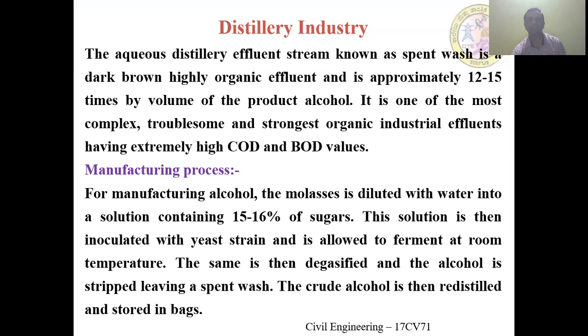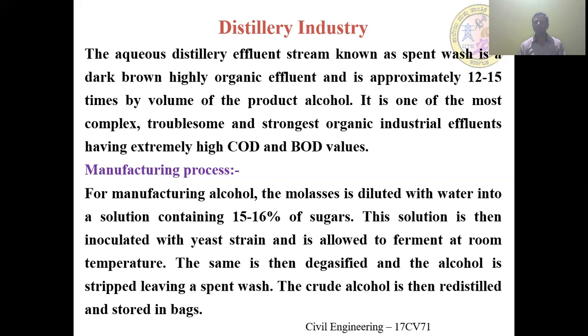It is dark brown in color, a highly organic effluent, and is approximately 12 to 15 times by volume of its product alcohol. It is one of the most complex, troublesome, strongest organic industrial effluents, having extremely high COD and BOD values.